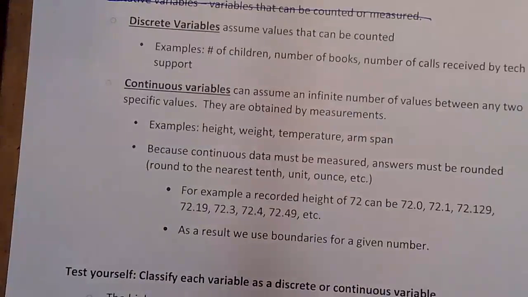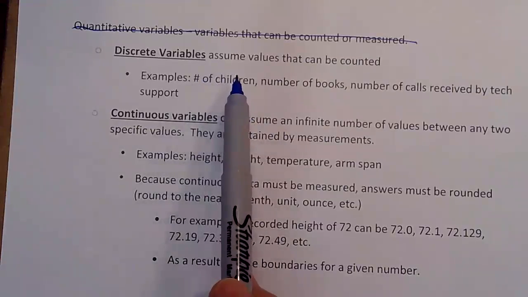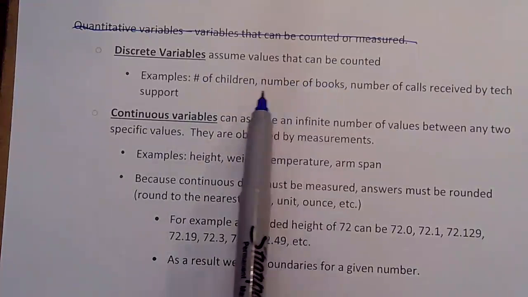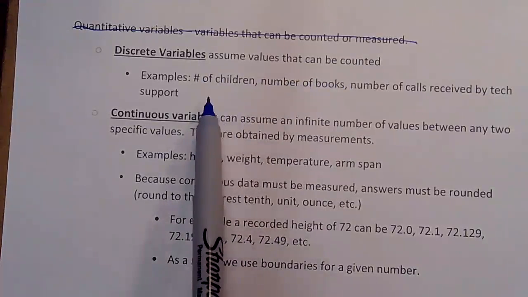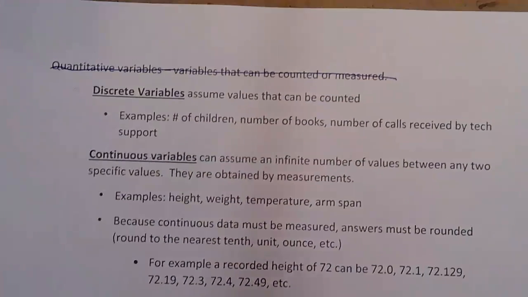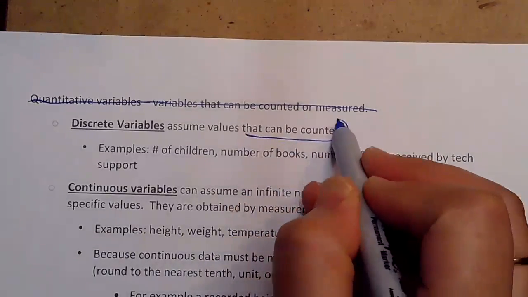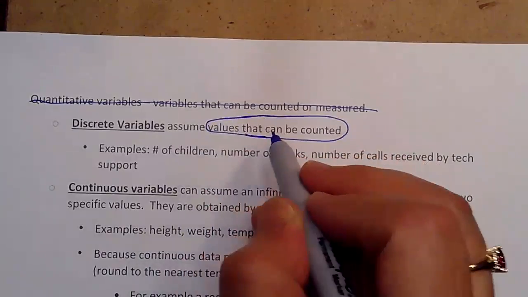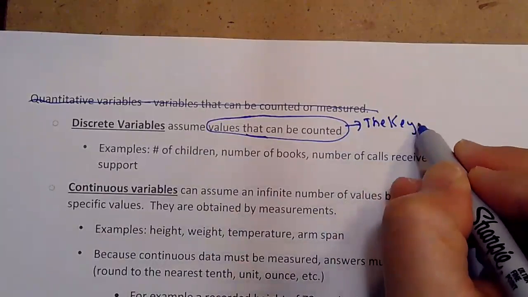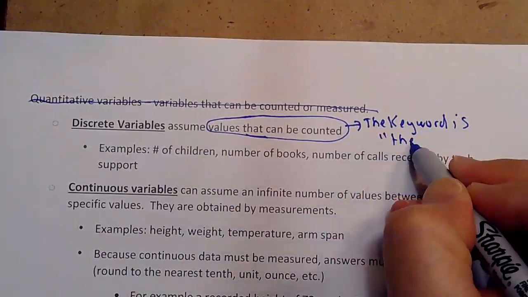All right, so for discrete, we have that discrete variables assume values that can be counted. Examples are, okay, so I'm going to put also a keyword here. So values that can be counted. And the keyword is actually the number.